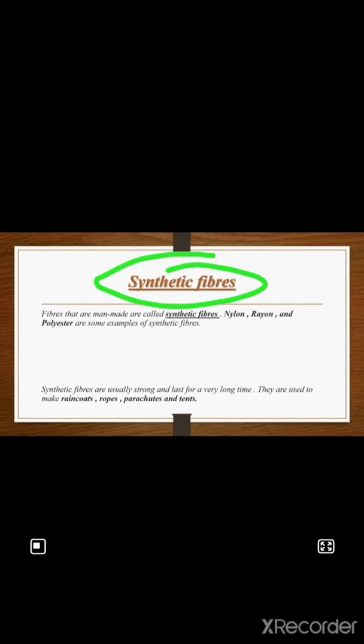So children, there is a difference between both the fibers. Fibers which we obtain from plants and animals are called natural fibers, natural, which we get from nature.